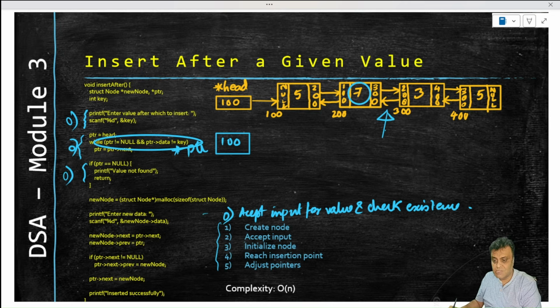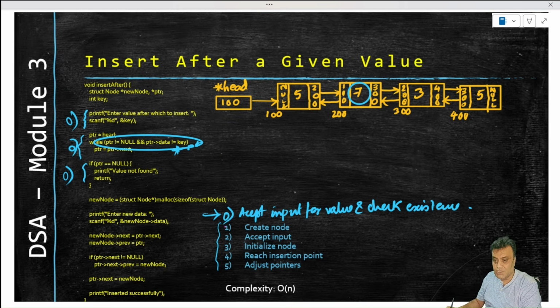So this is step number 0 that we have to do for insert after a given value. We first check whether the given value exists by browsing through the linked list, and return back if it doesn't exist. If it exists, fair enough, we will start our process. We know the process by now. First things first, we have to create the node.